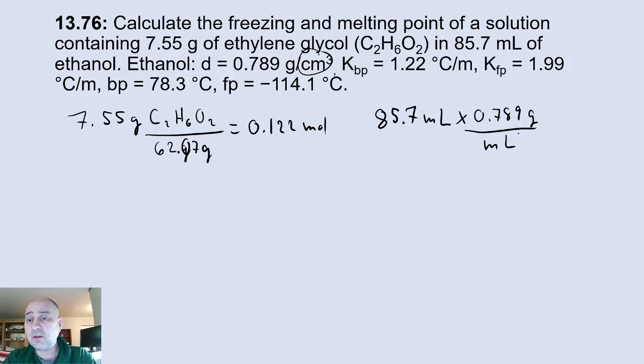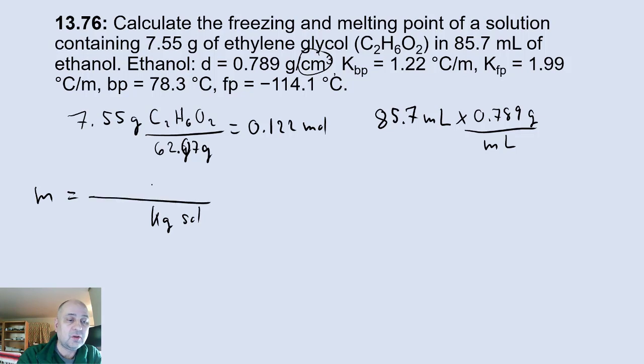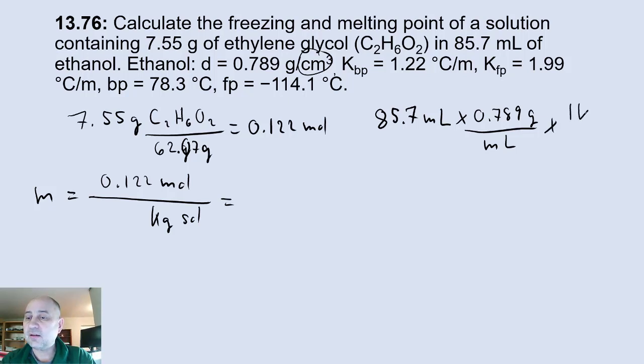That is our solvent. Our solvent needs to be in kilograms because molality, which is what we want, is in kilograms of solvent. So we also have to convert that to kilograms, since there's 1,000 grams in a kilogram.